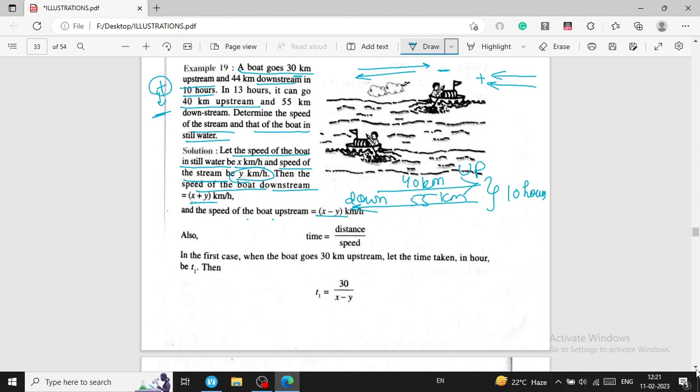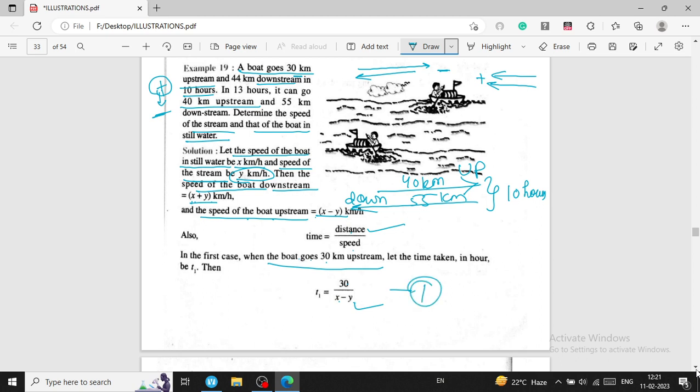So x plus the stream speed: x plus y, and the speed of the boat upstream is x minus y. Time will be distance over speed, and we will use this formula here. In the first case, when the boat goes upstream, time is equal to 30 over x minus y, because the distance is given as 30 and the speed is x minus y.